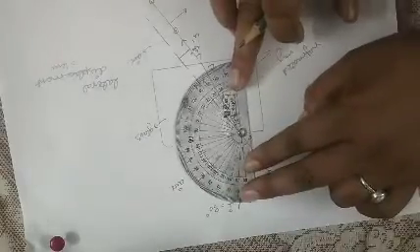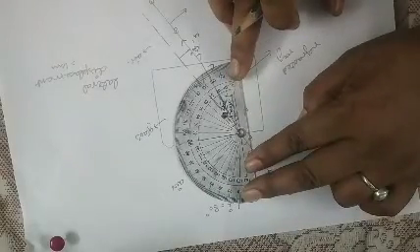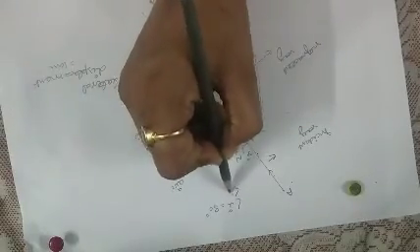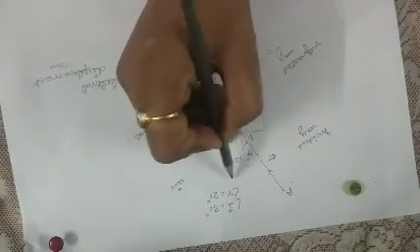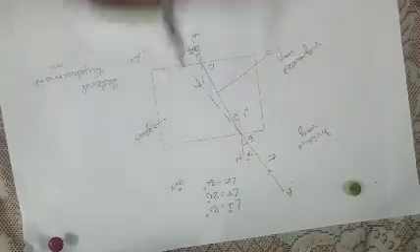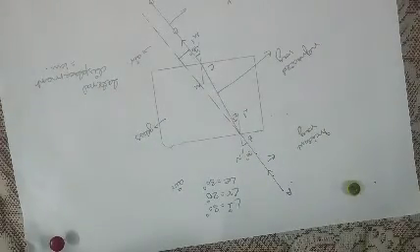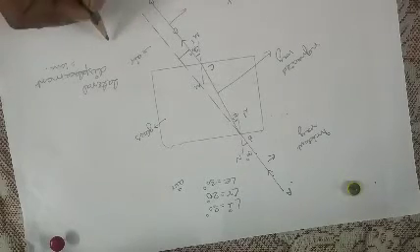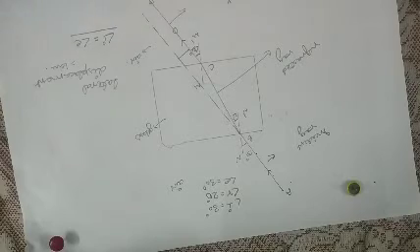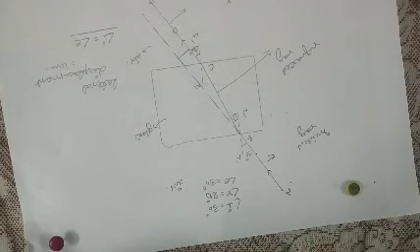Again you can see around 21 degree. So here angle I is 30 degree, angle R is 20 degree, and here angle of emergence is 30 degree. So we all have studied that angle I, that is angle of incidence, is equal to angle of emergence. This we have already proved in this particular experiment.